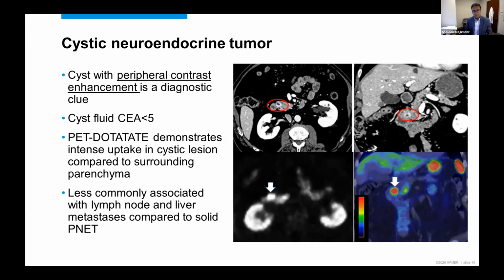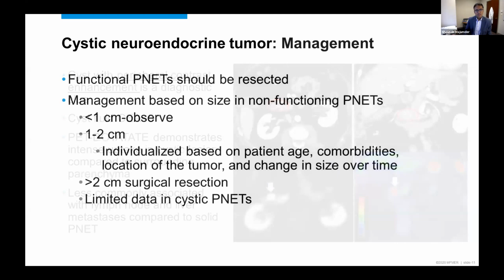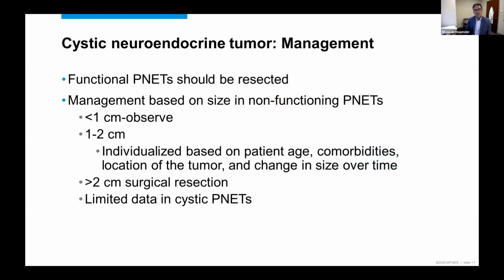Now, interestingly, compared to solid pancreatic neuroendocrine tumors, these are less commonly associated with lymph node and liver mets. The management of cystic neuroendocrine tumor actually remains somewhat uncertain because there's limited data, specifically in these patients. But what we know from solid neuroendocrine tumors is that functional lesions should be resected.